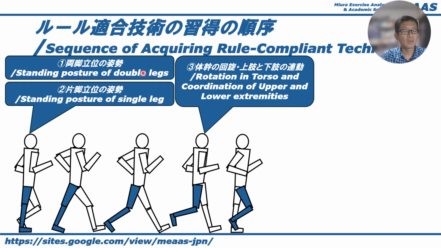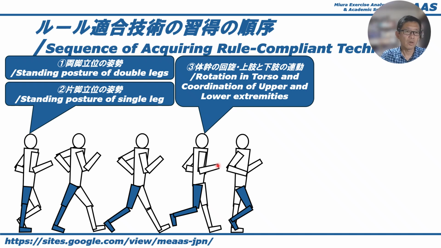Number 1 and number 2 are the posture of double leg and single leg. Number 10, the previous movie, was about the rotation of torso and coordination of upper and lower extremities, the articulation of torso and rotation of torso and pelvis.